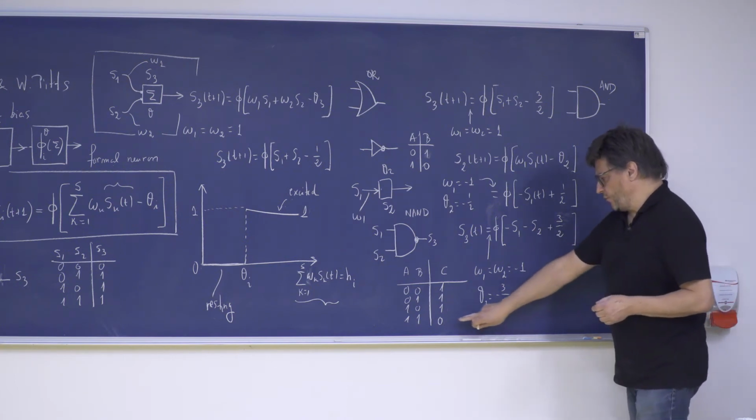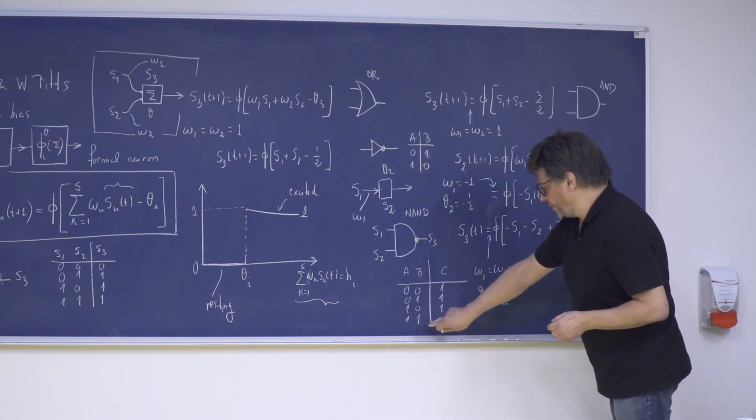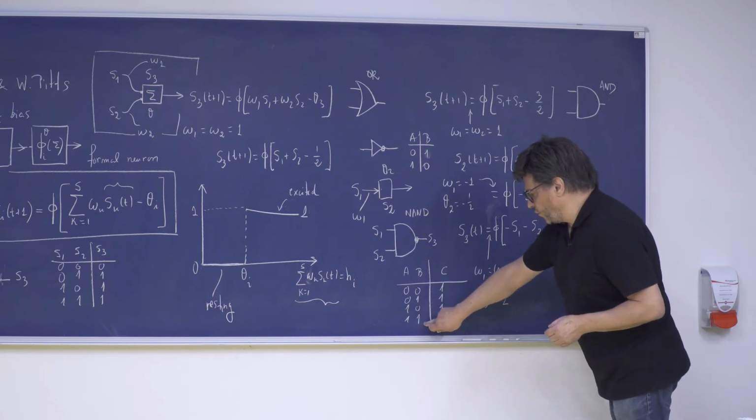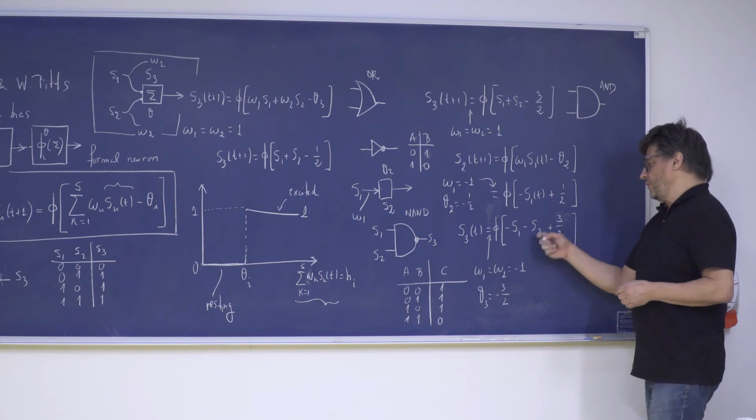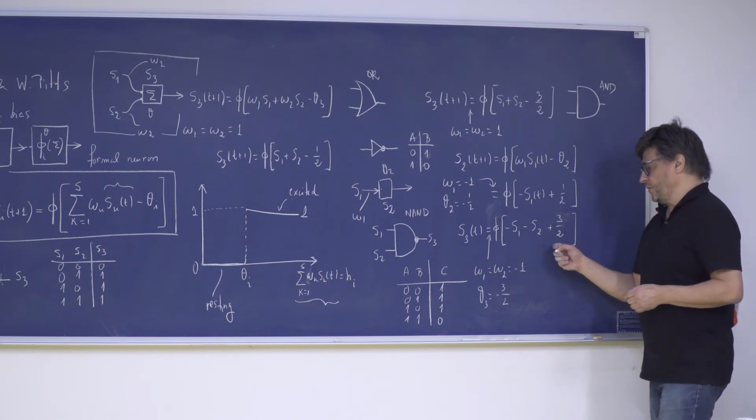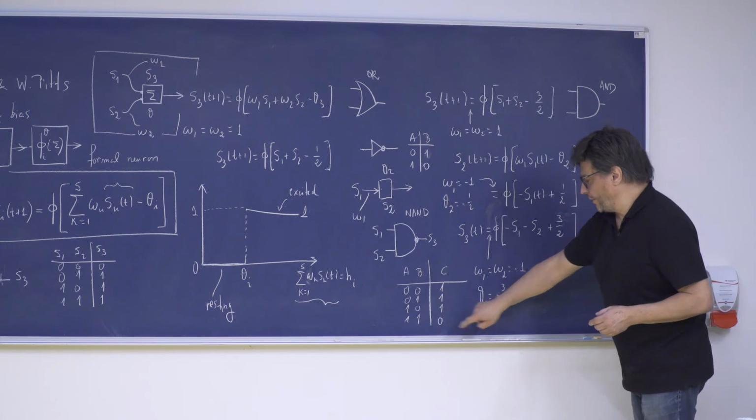You see that if both inputs are positive, 1 and 1, right? That would be minus 2. Minus 2 gives a negative number here, so the output is 0, right?